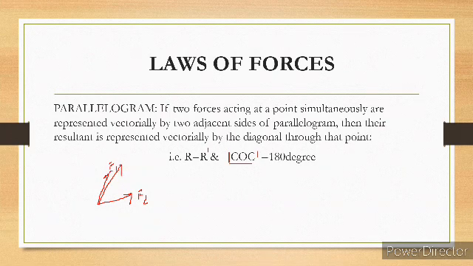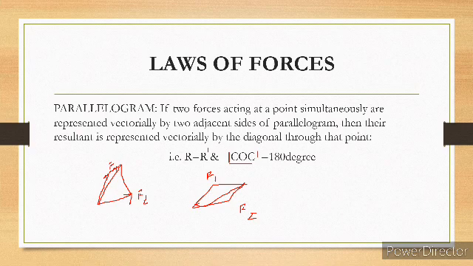If you look at this construction, F2 has its tail moving towards the head of F1. So see here, this will be a parallelogram, right? Here this is F1 and this is F2.